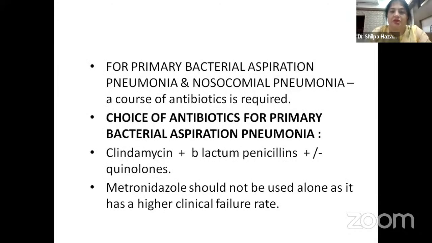of antibiotic therapy. So for primary bacterial aspiration pneumonia, or nosocomial pneumonia, a course of antibiotics is required, and the choice of antibiotic for primary bacterial aspiration pneumonia is clindamycin along with beta-lactam penicillins, plus or minus quinolones.